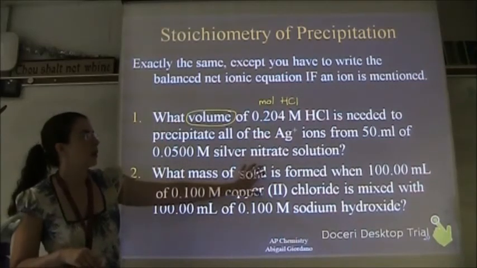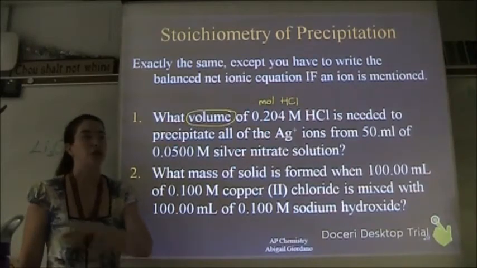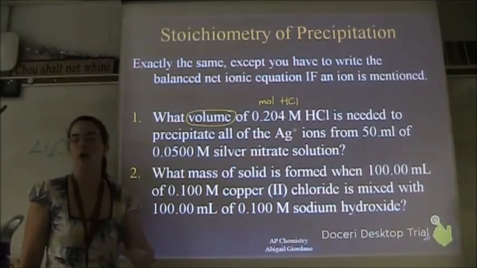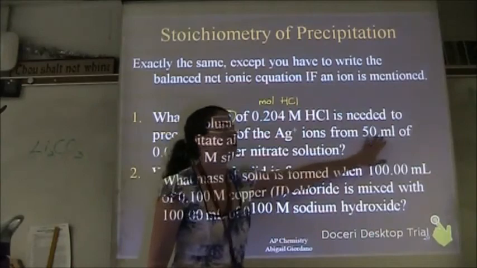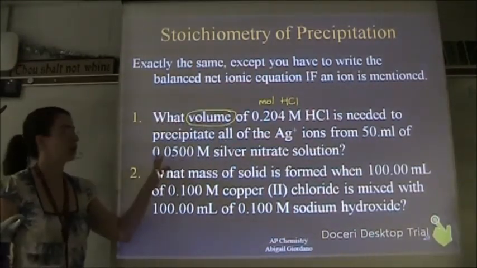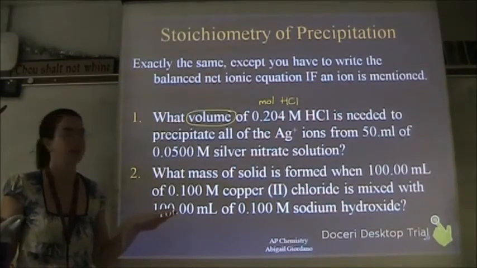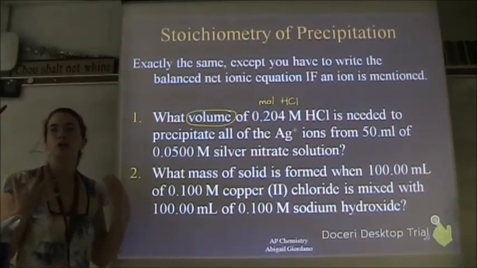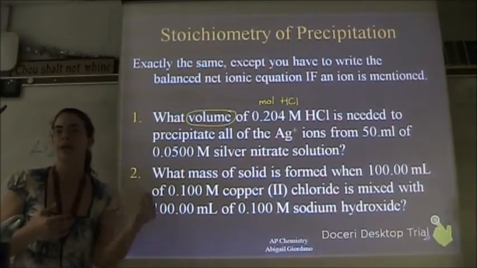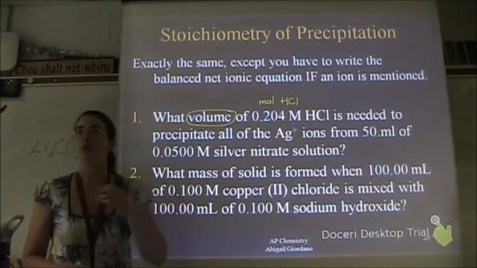One other thing I want to point out, and you're going to see this combination over and over again: a volume and a molarity. You're going to see that combination given to you 1,000 times over. What can you solve for immediately with a molarity and a volume? Moles.